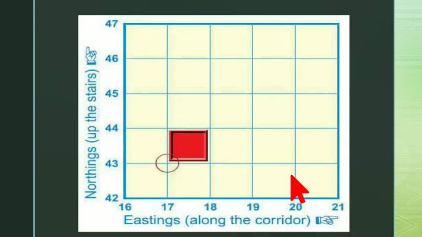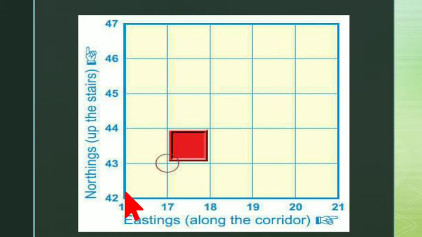In the northings and eastings, you may have seen different numbers. In the eastings, it starts from a smaller number and keeps increasing as we move from left to right. Just see, 16, 17, 18, 19, 20, 21. It increases towards the right-hand side.